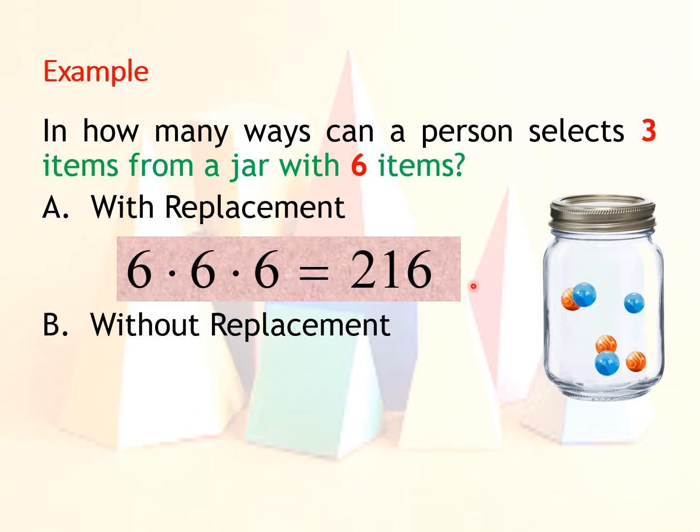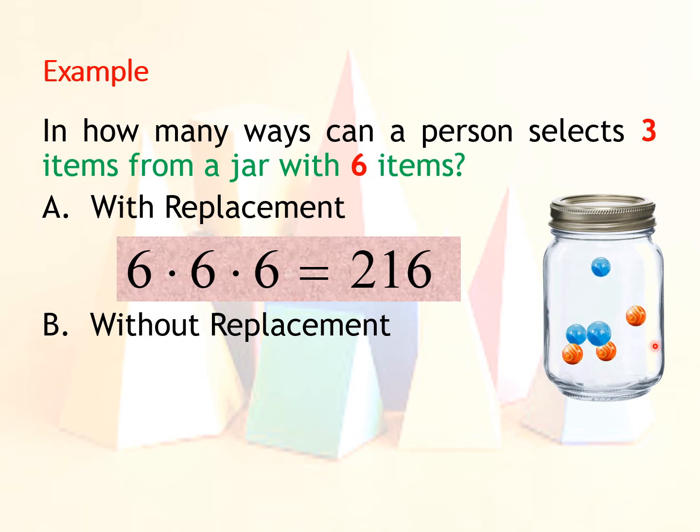So we have 6 times 6 times 6, which is equal to 216. We only have 3 items, that is why 1, 2, 3. And why 6 times 6 times 6? Because of the replacement. If you choose one from here and put it back again, you still have 6 choices, and put it back again, you still have 6 choices.